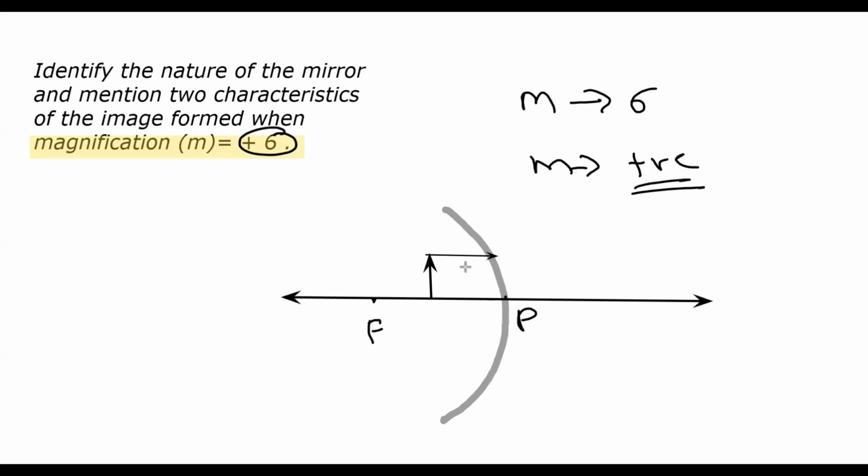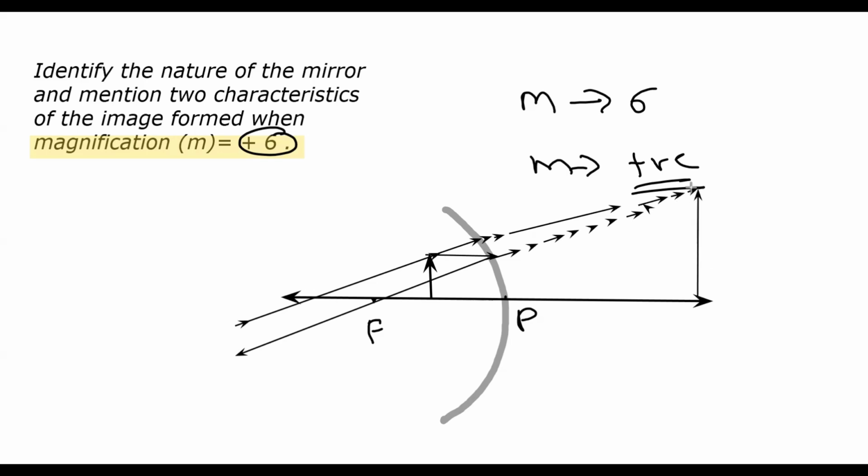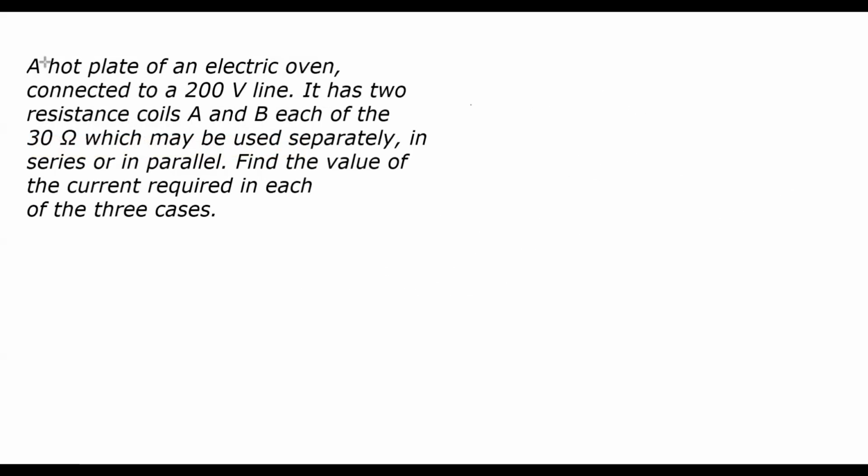The refracted ray when produced backward, and the other ray passing through the center of curvature, will meet somewhere here, and the image formed is virtual, erect, and enlarged. So this is a concave mirror, and the characteristics of the image formed are virtual, erect, and enlarged.